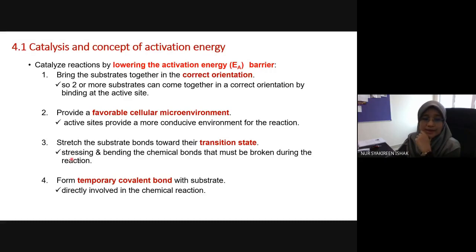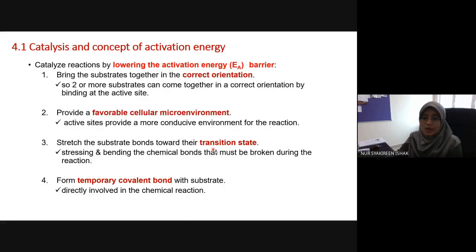And then the third one, the enzyme will stretch the substrate bonds towards their transition state. The substrate enters into the transition state by stressing and bending the chemical bonds that must be broken during the reaction. So once the substrate binds to the active site of the enzyme, it forms what? The enzyme substrate complex. Once the enzyme substrate complex has formed, the substrate will enter into a transition state.